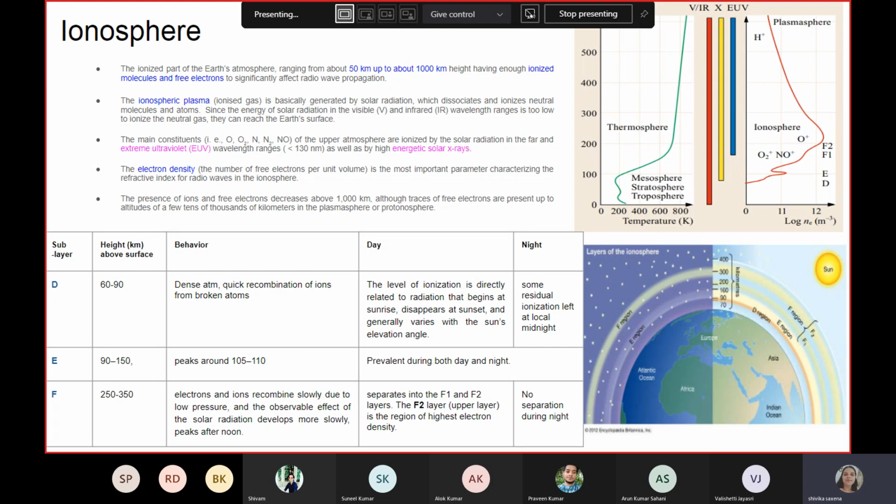The presence of ions and free electrons decreases above 1000 kilometers, although traces of free electrons are present up to altitudes of a few tens of thousands of kilometers in the plasmasphere or protonosphere. So this point represents the extreme ends of the ionosphere. The red graph that you see here is highest at a layer known as F2, and then it decreases towards the protonosphere, plasmasphere.